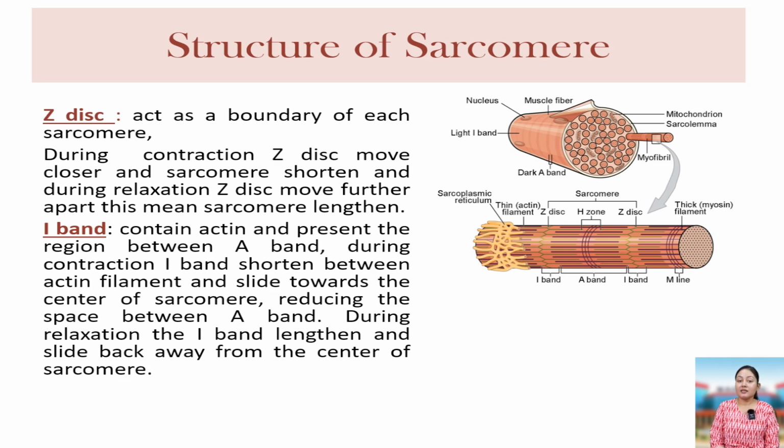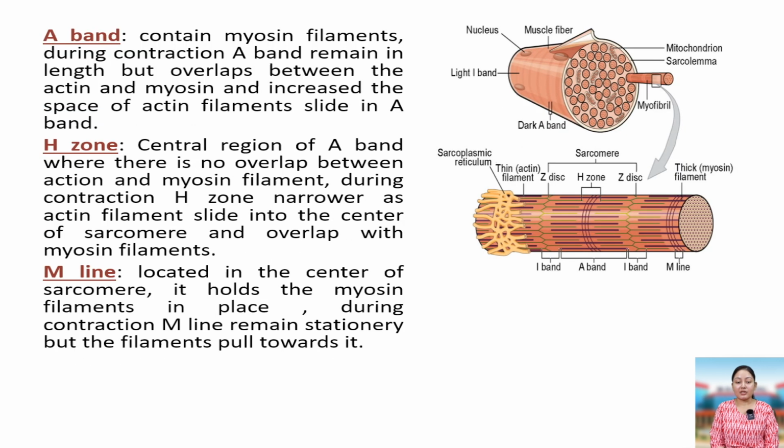The I band contains actin filaments, present between the A bands. During contraction, the I band shortens and slides towards the center of the sarcomere. This reduces the H zone space. During relaxation, the I band lengthens and slides back away from the center of the sarcomere.